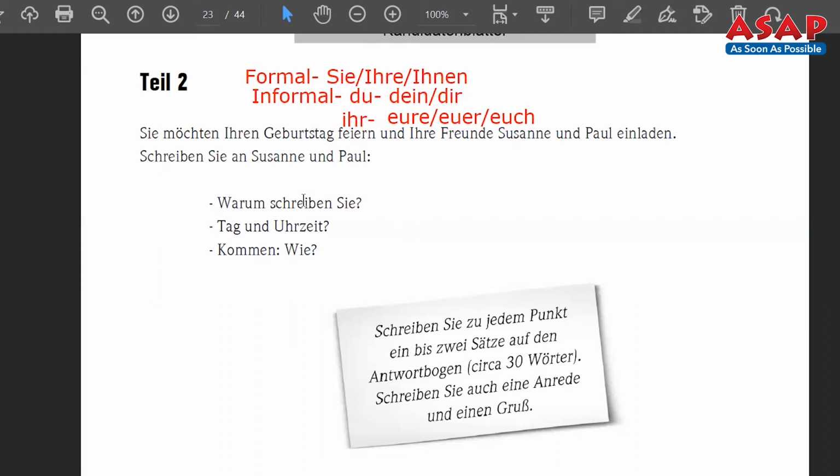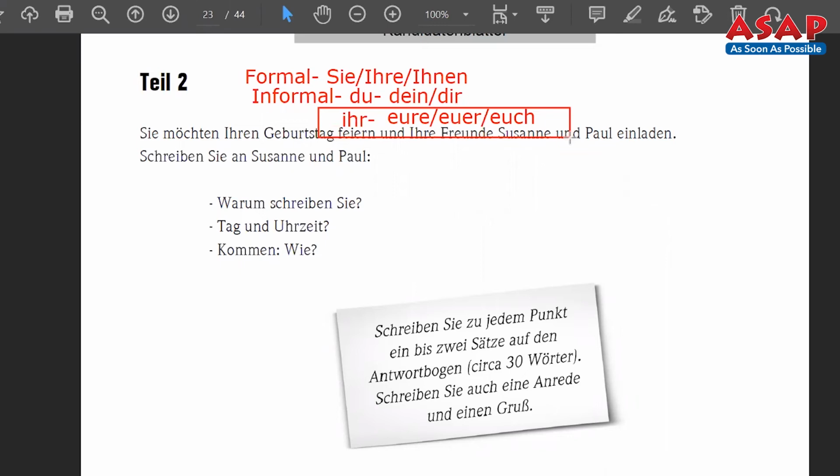Now you tell me. "Sie möchten Ihren Geburtstag feiern und Ihre Freunde Susanne und Paul einladen." You want to invite two friends in one email, so you will be using the third format, right? Ihr in the whole email. Sometimes students write ihr, then suddenly in the middle dein, and then Sie. In Hindi it would sound like aap, tu, tumhara.